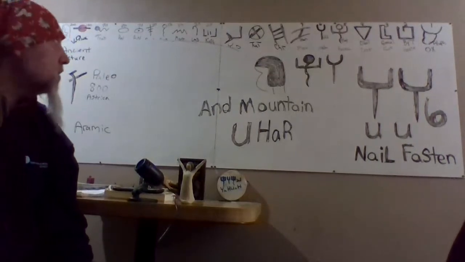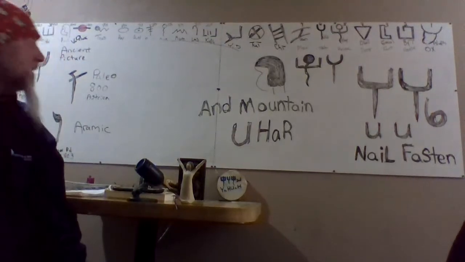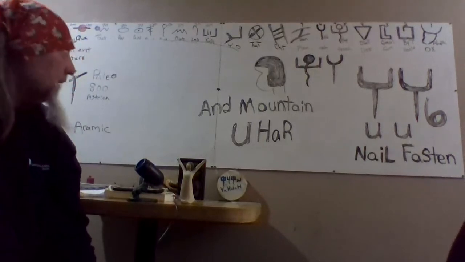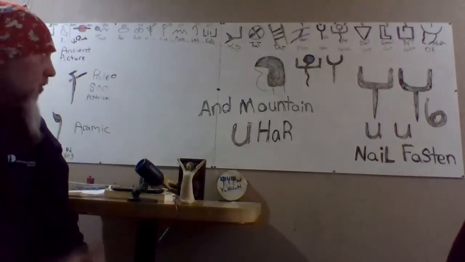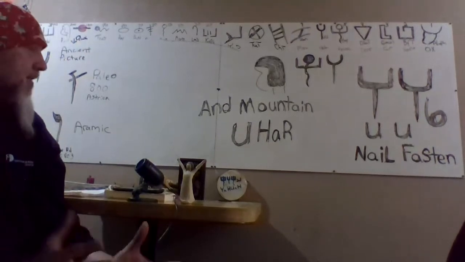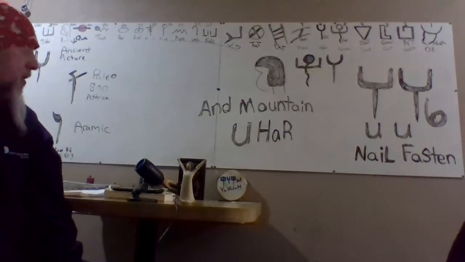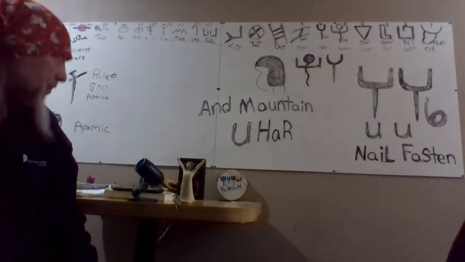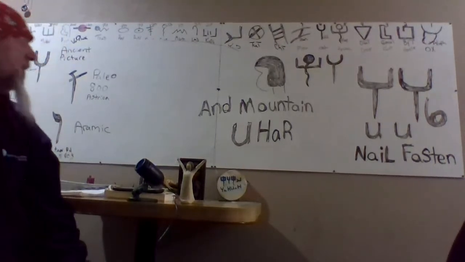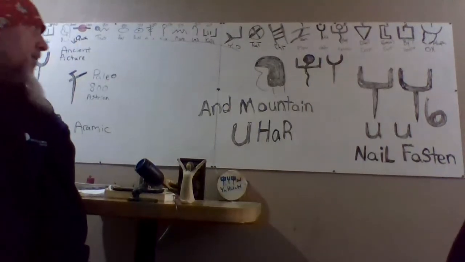So not only was Yahuwah in a certain place, it was "and the mountain" of Uhar. So Yahuwah gave instructions to Moshe, not just as a place of instructions, but "and mountain." The instructions were coming not just from Yahuwah, but "and" on the mountain of Har.